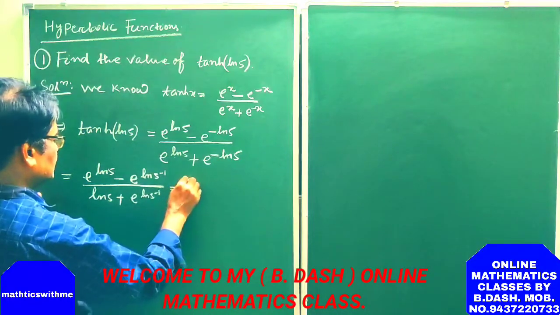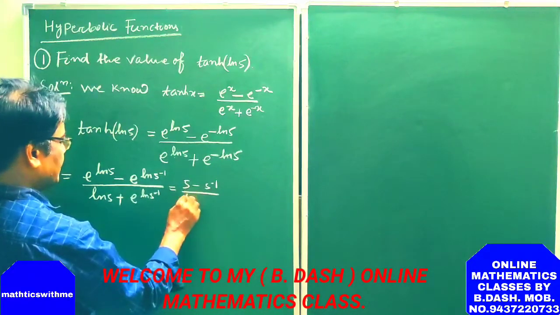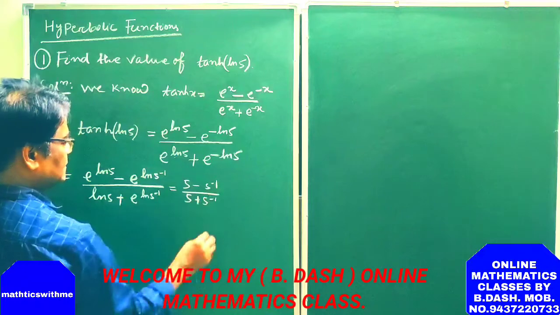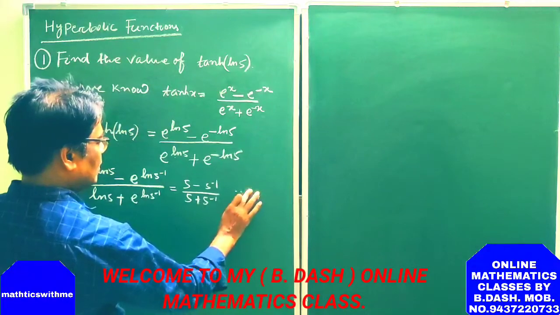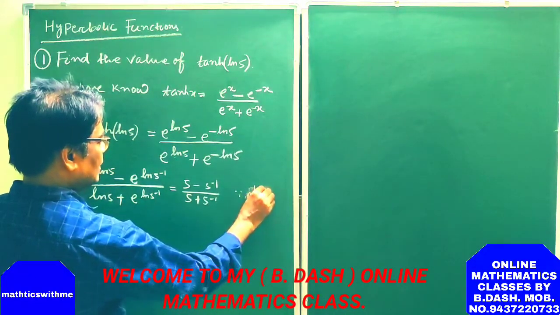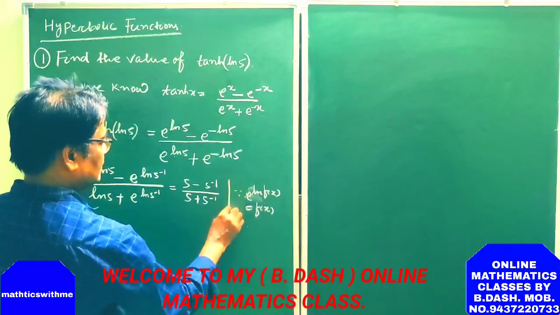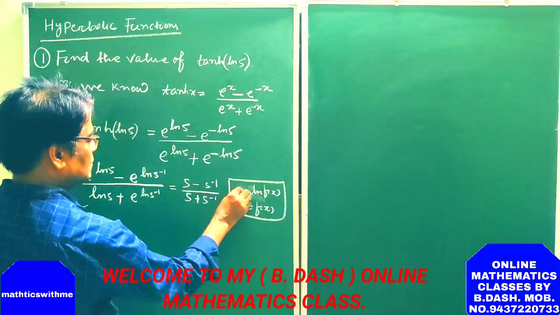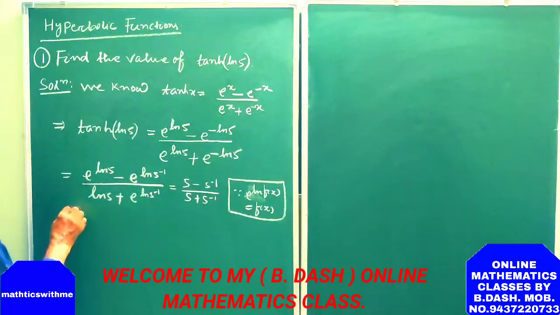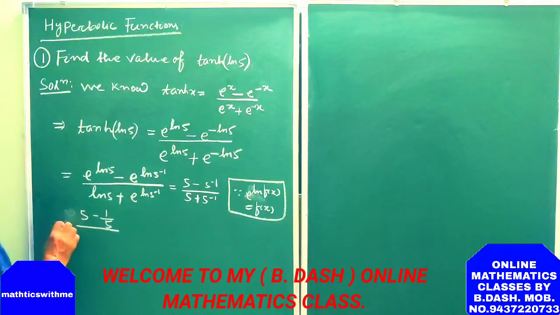This is equal to (5 minus 5 to the power minus 1) by (5 plus 5 to the power minus 1), since e to the power ln f(x) is equal to f(x). So this is equal to (5 minus 1 by 5) divided by (5 plus 1 by 5).